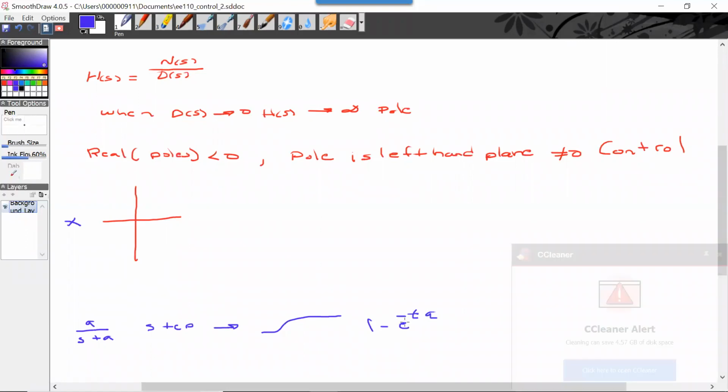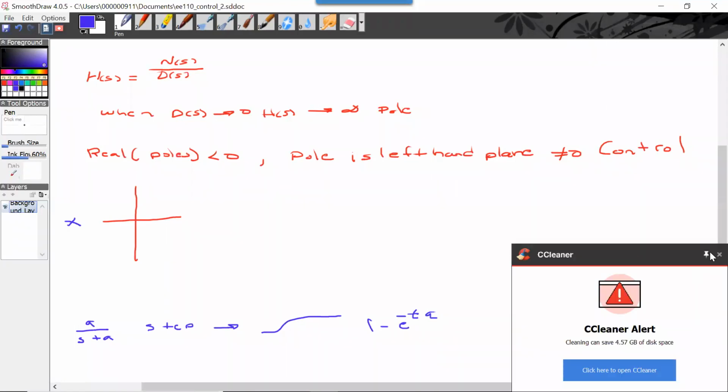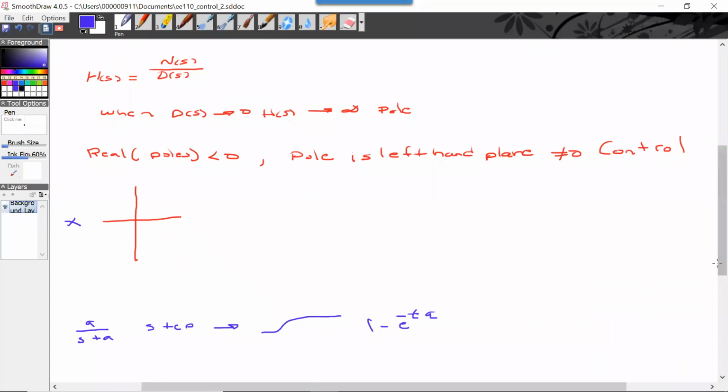This decays down to 0, right? Even if I have this, which leads to that, the whole function decays down to 0. And so really a system in control will settle at some DC value. That's what it does in the time domain, right?